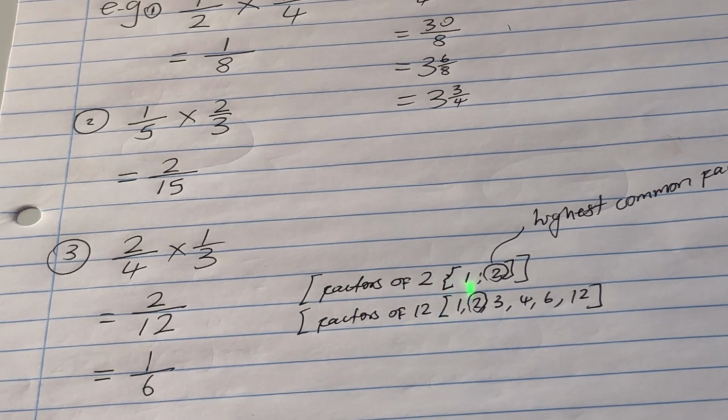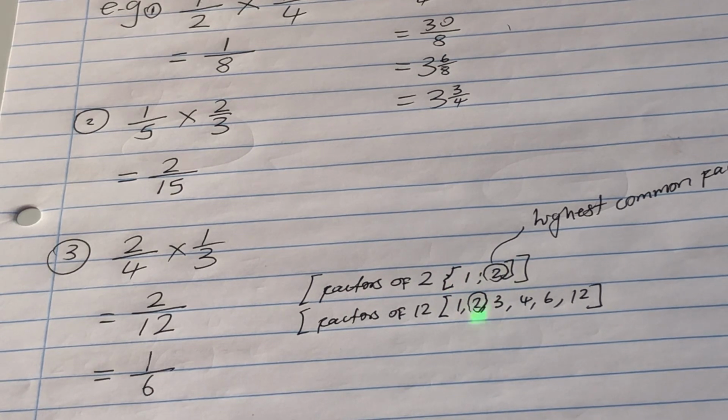All numbers that go into 2 and leave no remainder are 1 and 2. And then all numbers that go into 12 and leave no remainder: 1, 2, 3, 4, 6, and 12. These are factors of 12, and these are factors of 2.